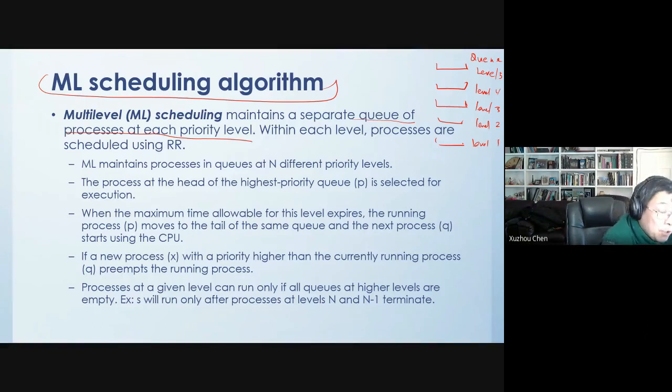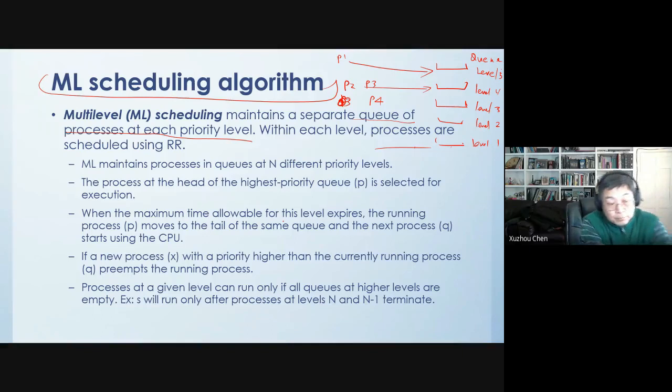Now when each process is created, the operating system is going to allocate a priority to the process. If this is an important process, then I throw this process into the level 5 queue. And then another process 2, I put in the level 4 queue. And process 3, I also put in the level 4 queue. And process 4, I put in the level 3 queue.